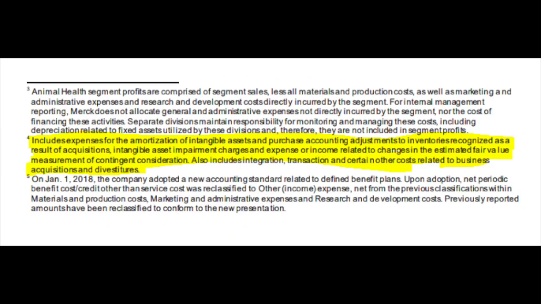Expenses for the amortization of intangible assets and purchase accounting adjustments to inventories recognized as a result of acquisitions, intangible asset impairment charges, and expense or income related to changes in the estimated fair value measurement of contingent consideration. Also integration, transaction, and certain other costs related to business acquisitions and divestitures.